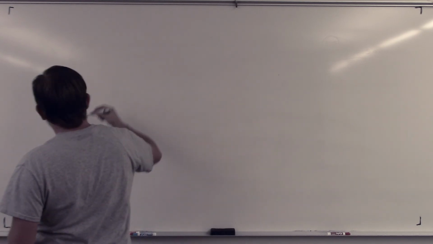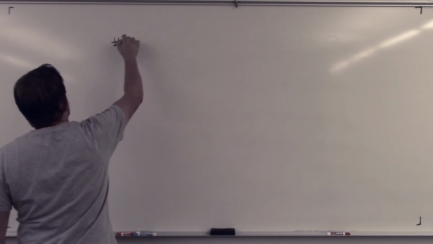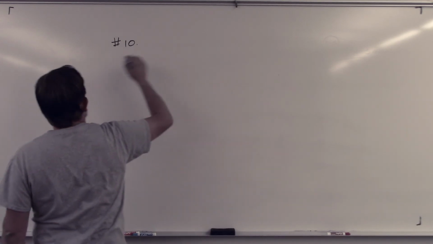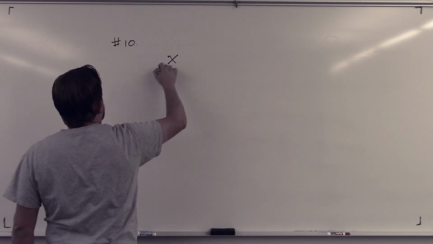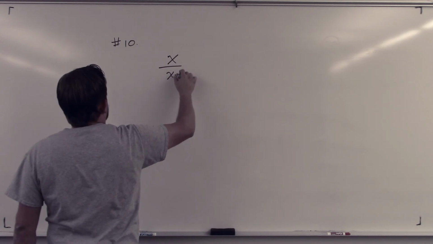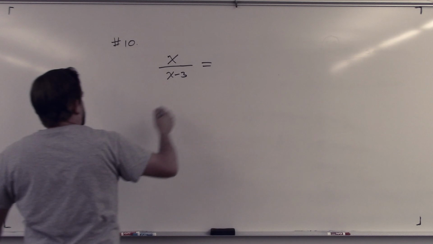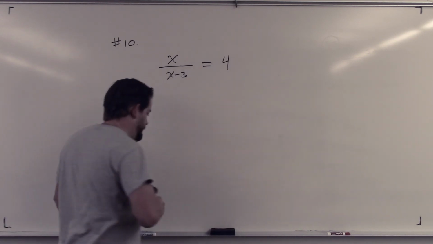Let's look at number 10. 10 says solve for x, so I get x over x minus 3 equals 4. Okay.